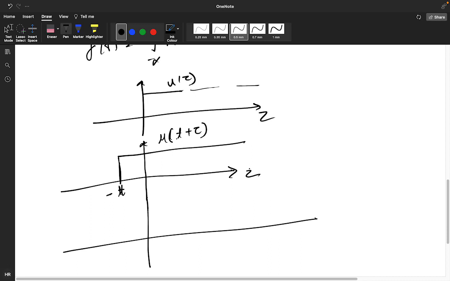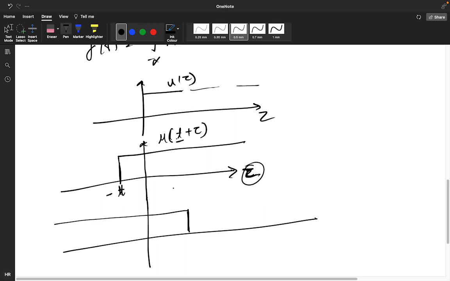Now what is happening here? According to my scaling, this function is tau, so don't confuse with this. I am doing the negative scaling. If I do the negative scaling, I will get the signal like this.